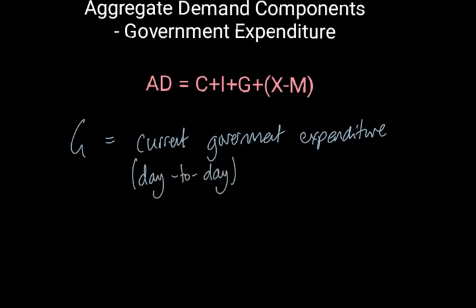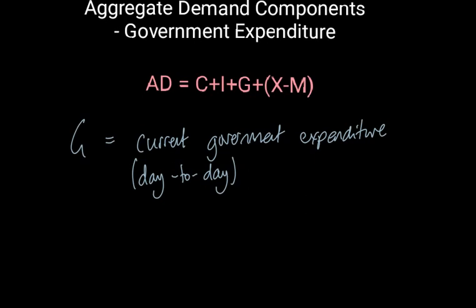Okay, we are not here talking about when the government decides to build things. Big investment projects, big infrastructure projects, those are counted within the I component because they are the creation of fixed capital within the economy.